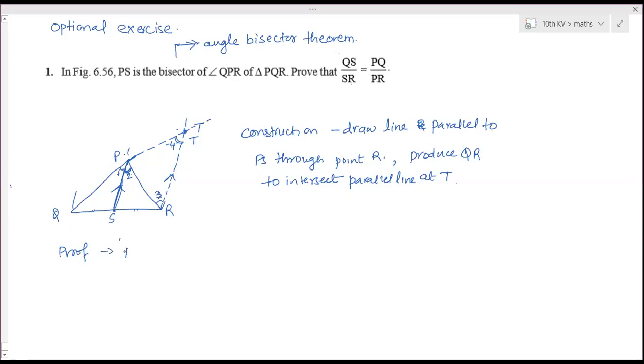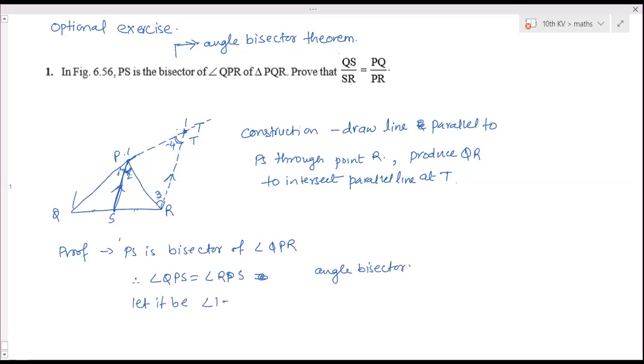PS is the bisector of angle QPR. So therefore angle QPS is equal to angle RPS. That is angle bisector. Let it be angle 1 is equal to angle 2. Mark equation 1.